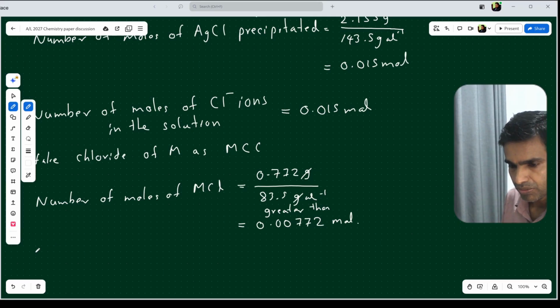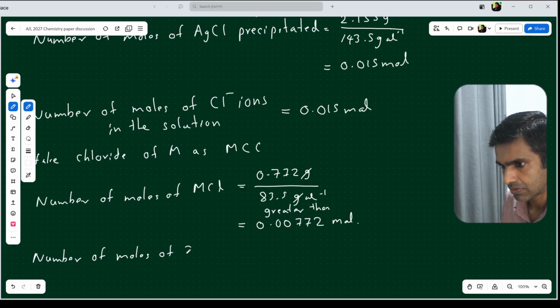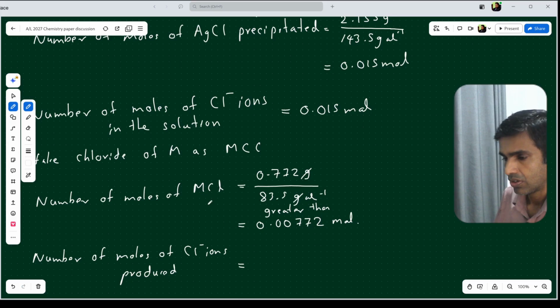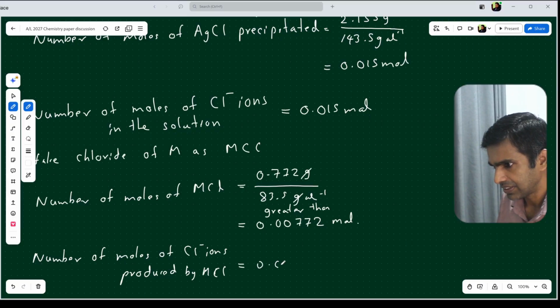Then we can deduce the number of moles of chloride ions produced. When we consider 1 mole of MCl, there is 1 mole of chloride ions. Therefore, the number of moles of chloride ions produced by MCl is approximately a little bit greater than 0.00772 moles.